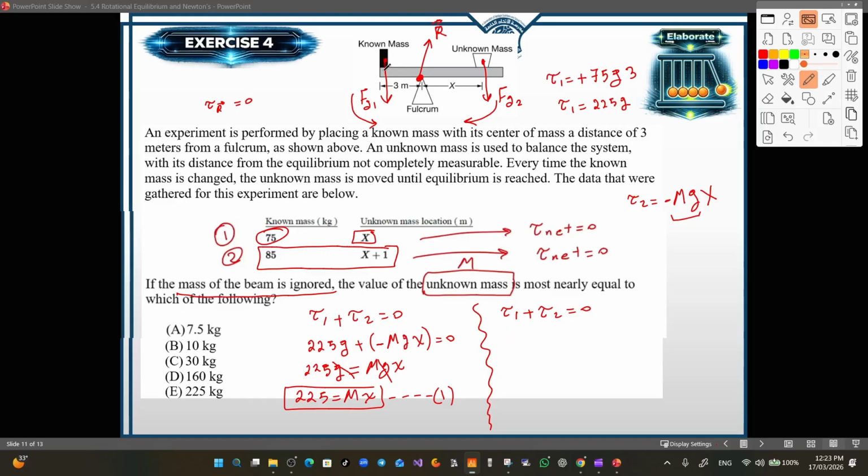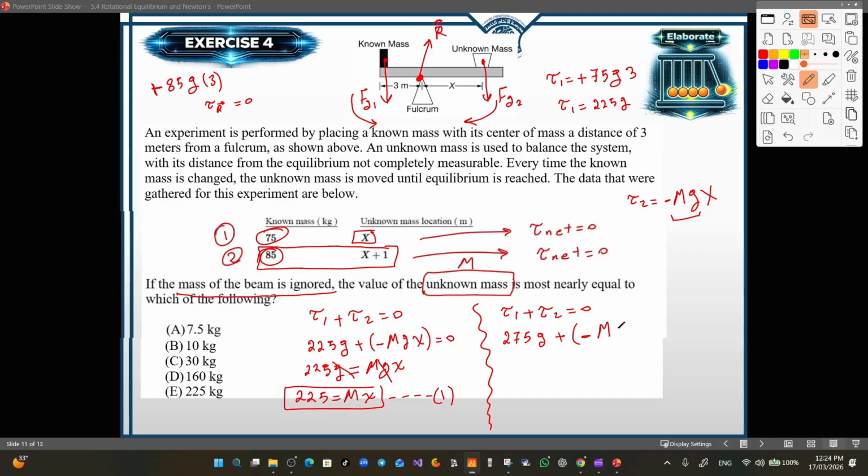For tau1, the mass is now 85 kilograms, and 85 kilograms multiplied by g, with the same plus sign because this is counterclockwise, multiplied by the distance from the fulcrum, which is the same. So tau1 should be written as 275g, because 85 times 3 is 275, multiplied by g. Plus the second tau. For the second tau, we maintain the same direction, clockwise, so we assign the minus sign.